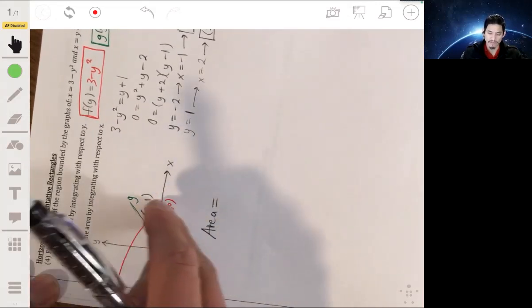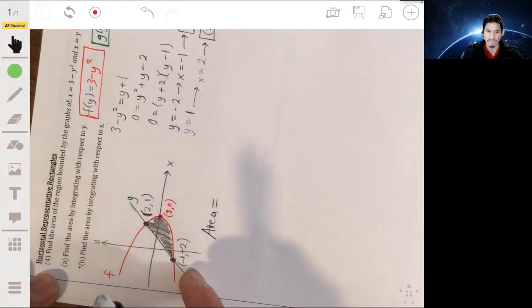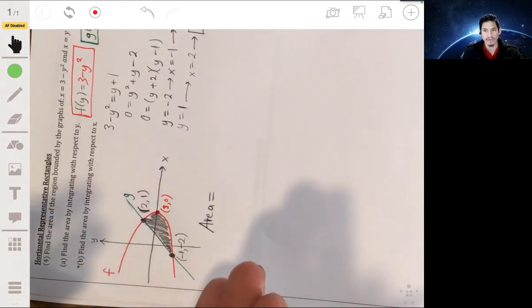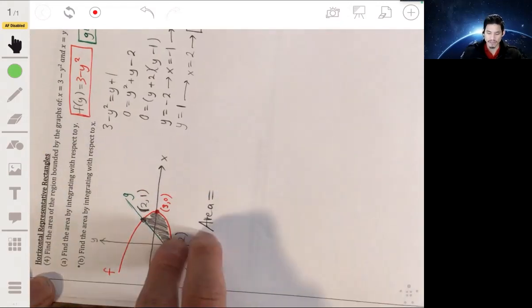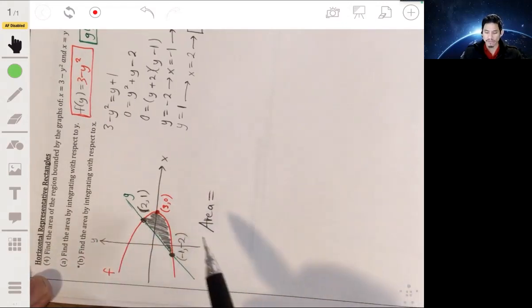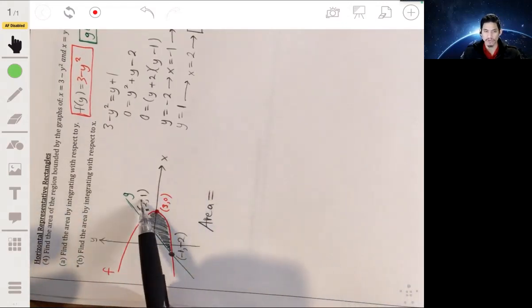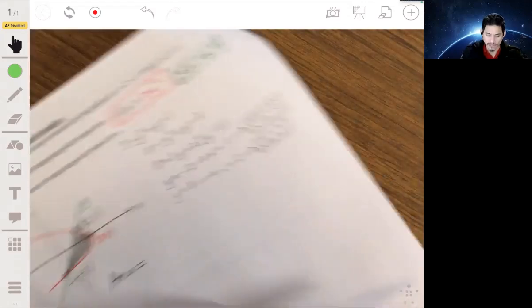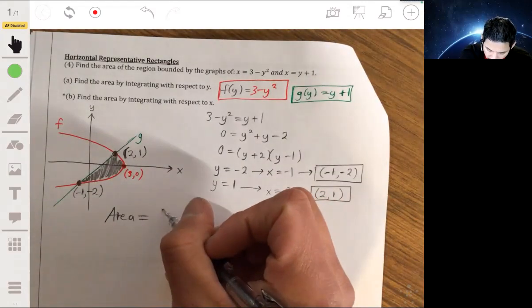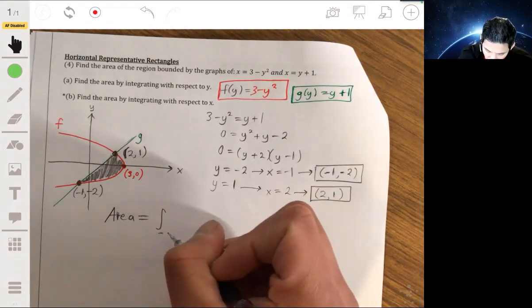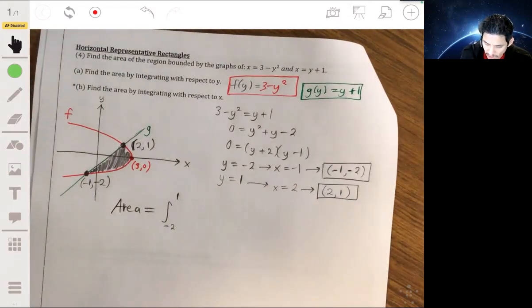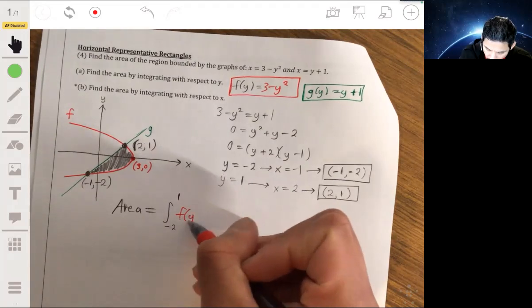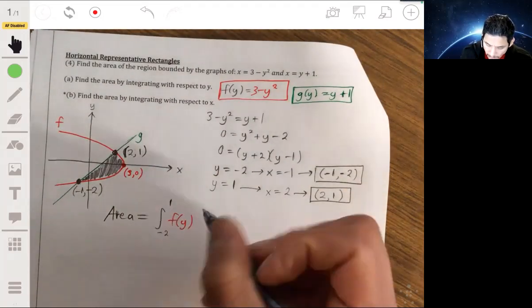So we're going to have f of y minus g of y. And again, the axis runs in the other direction, because the y values are negative here and positive here. So we're going to integrate from -2 to 1 because we're integrating with respect to y. So the area will be from -2 to 1 of f of y minus g of y.